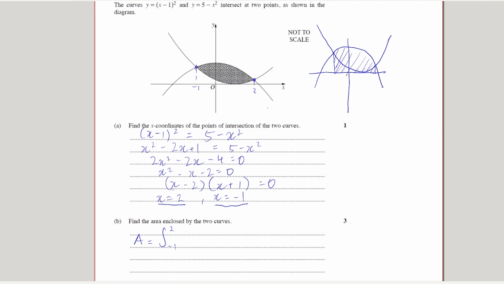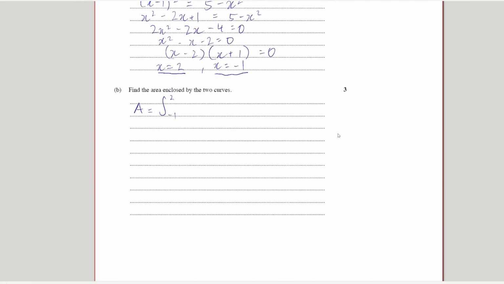Now if you were to take the area of the bottom curve, you're going to take this area. And that's why you're minusing them to find this area in the middle. Alright, so now let's get on to calculating it.